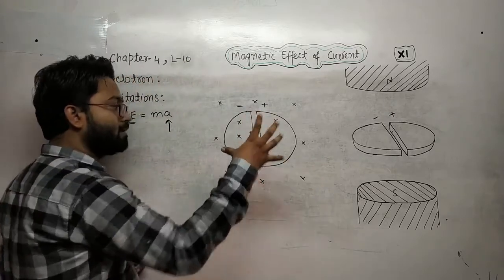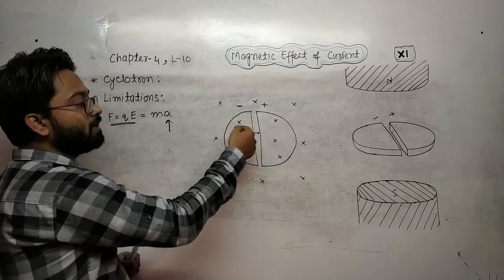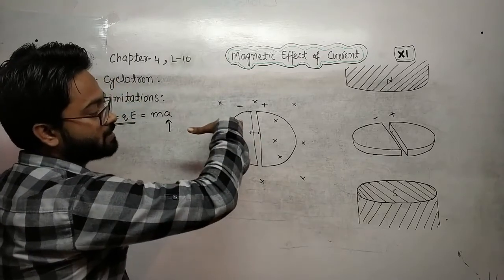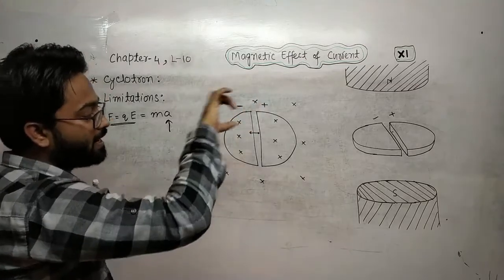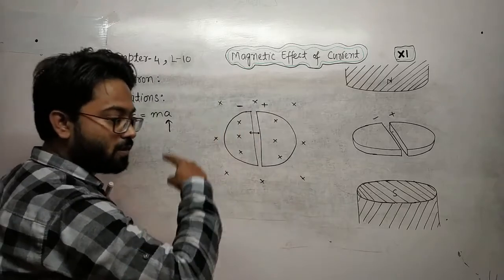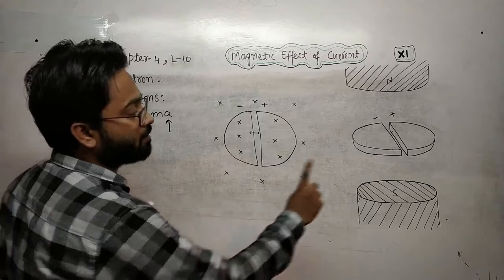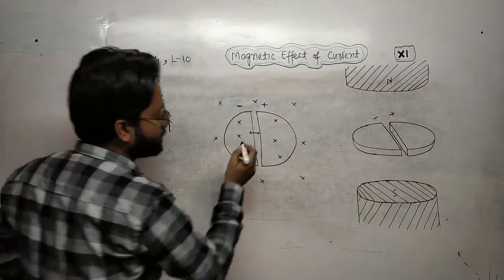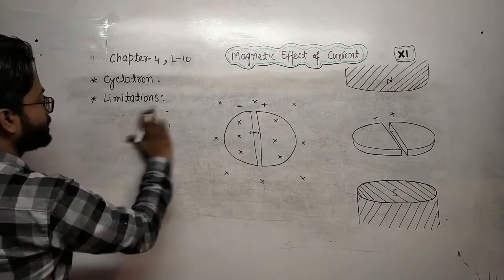Because there is a magnetic field perpendicular to the velocity, with velocity in this direction and magnetic field in this direction, the force will be downward, and the charged particle will revolve in the magnetic field, moving in this direction.